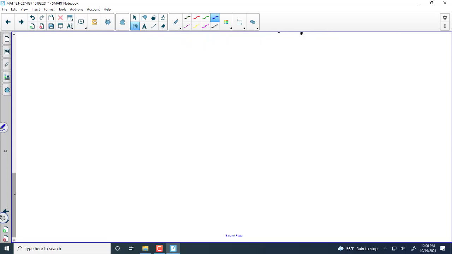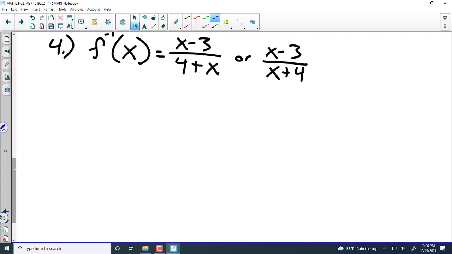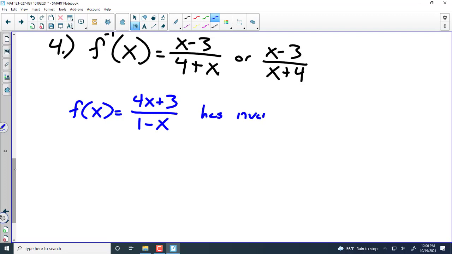So basically the idea is this, everyone. We think that f of x equals (4x plus 3) over (1 minus x) has inverse (x minus 3) over (x plus 4).